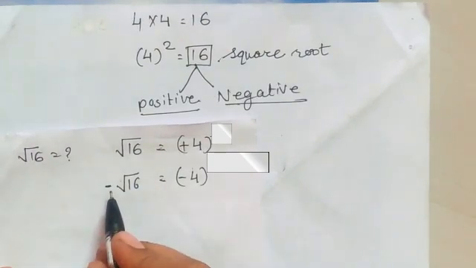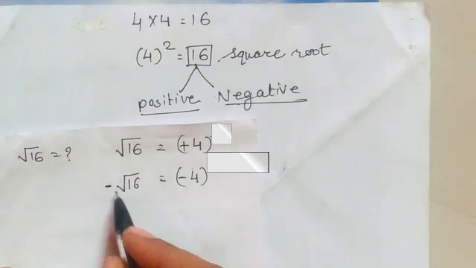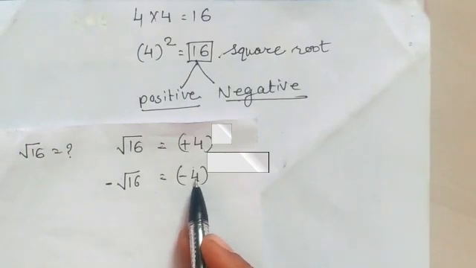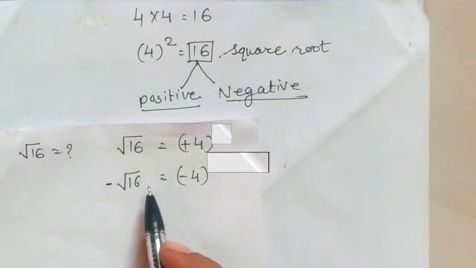The symbol of negative is written before the symbol of square root. It may confuse you, how is it possible that negative 4 has its square, that is 16, positive 16?